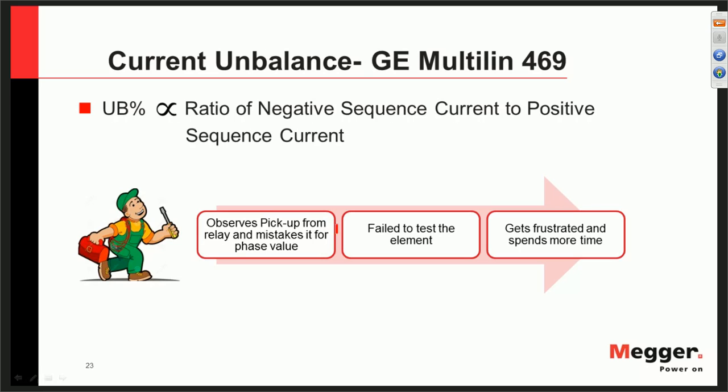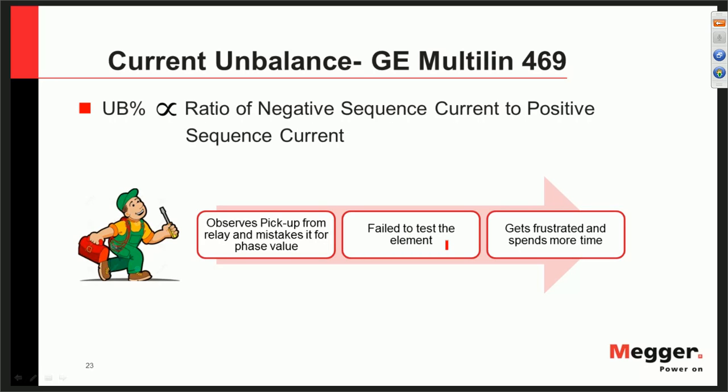So what he does is he just applies the phase currents, and mistakes it for the sequence component. So he observes a pickup, but it was not exactly the pickup of the element. So it was a fail of the element.